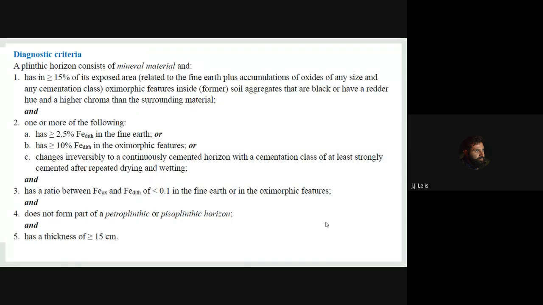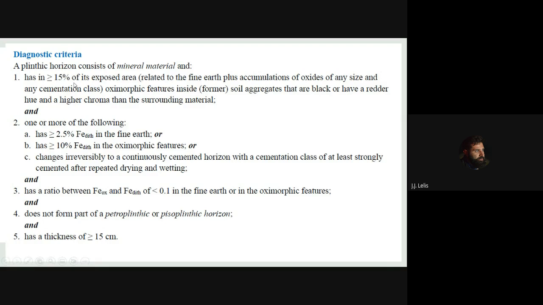The plinthic horizon is a mineral material, so it should possess a low content of organic carbon, lower than 20%, okay? It should possess at least 15% of area that expresses these oxymorphic features inside soil aggregates, and they should present black and redder colors than the surrounding material.